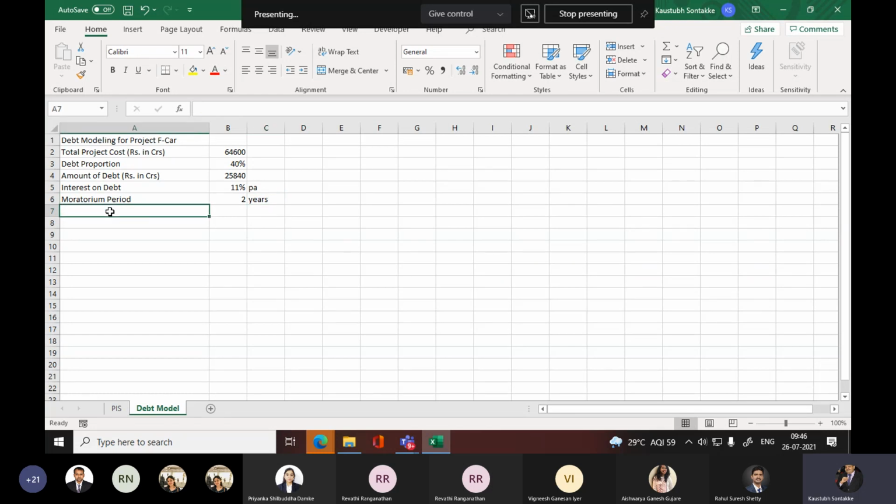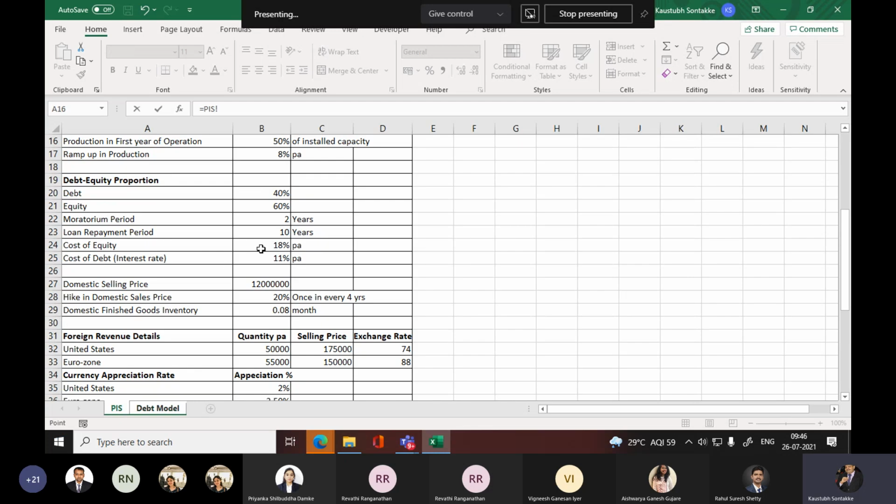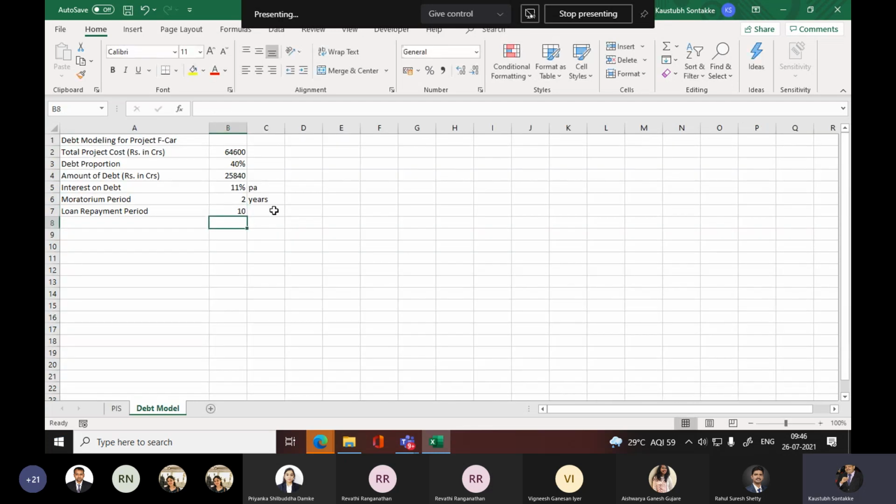Okay, then you will write loan repayment period, say is equal to, bring this 10 years. In the side cell you may write years. Okay, up to this we have written.